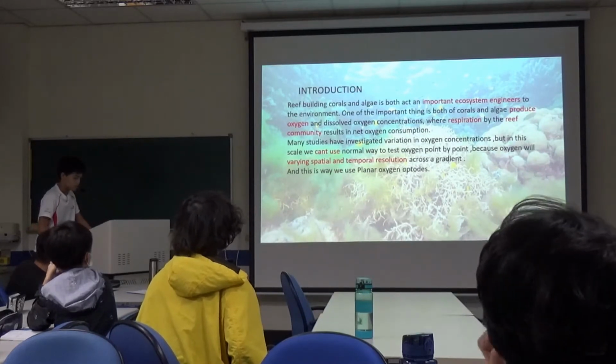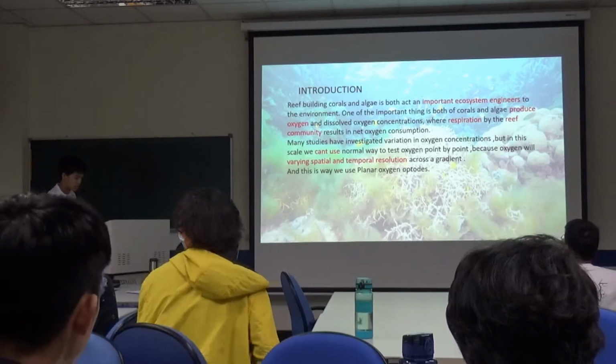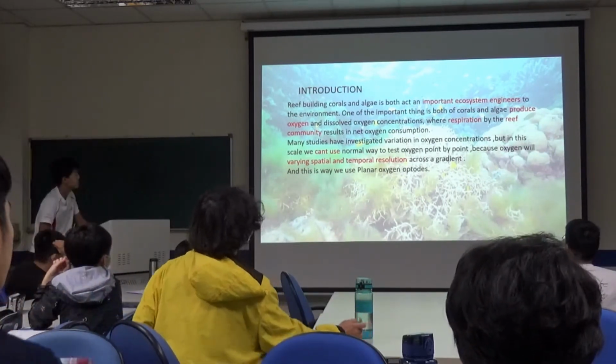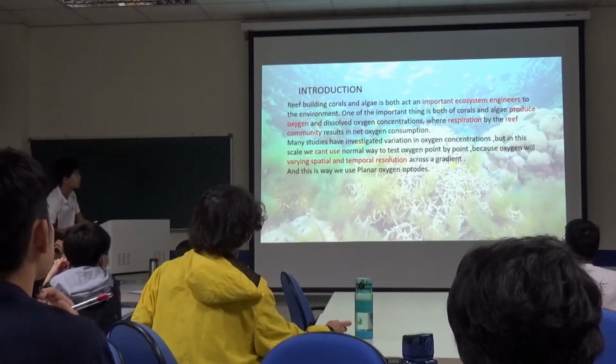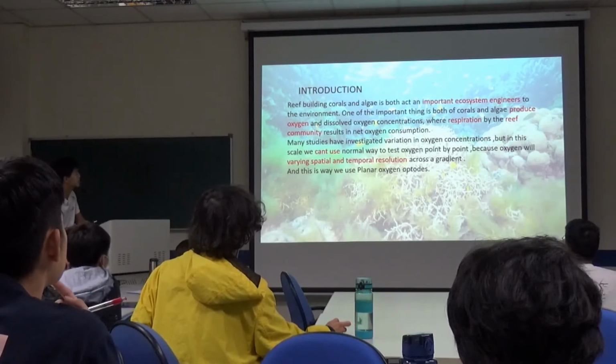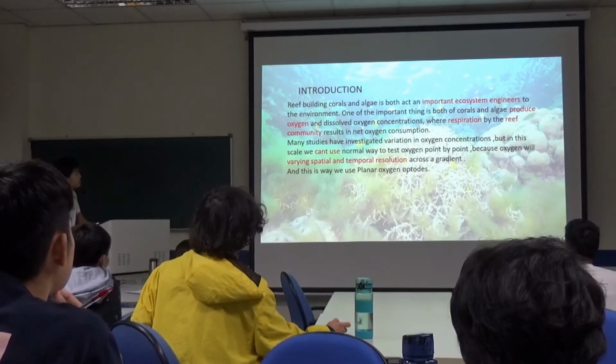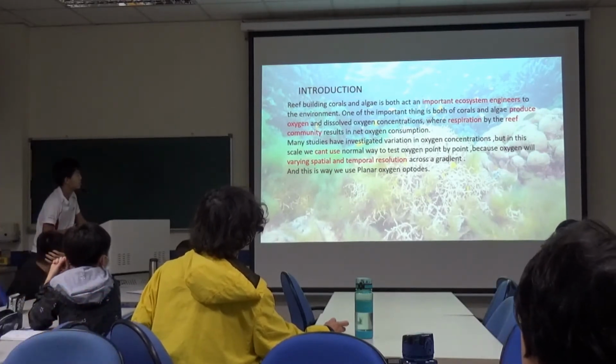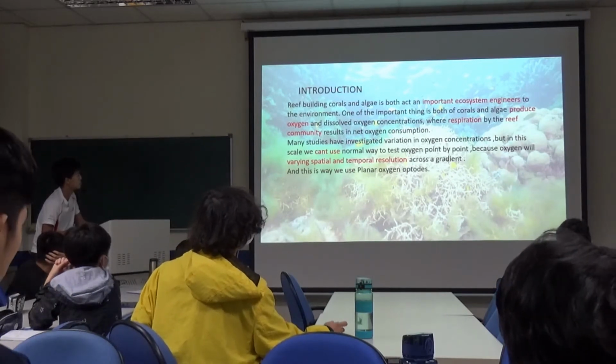The introduction. Coral and algae are both important ecosystem engineers. The most important thing is they produce oxygen, and the oxygen will be used by the reef community and cause oxygen consumption.